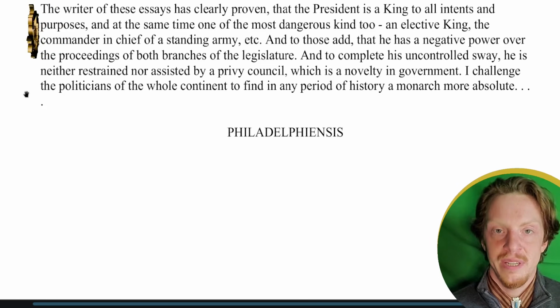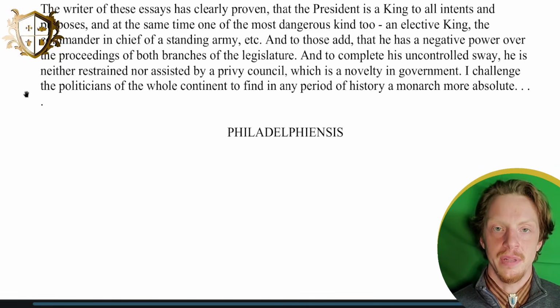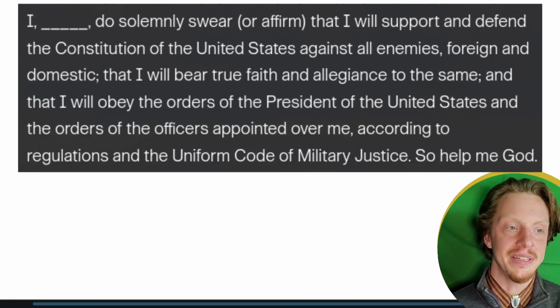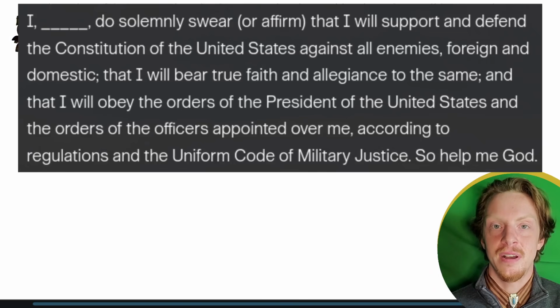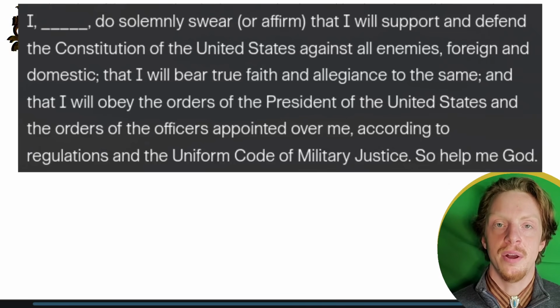The first one is heavily dependent on the military upholding their oaths of enlistment. Any agent of the U.S. military forces, whether enlisted or a non-commissioned officer, is required upon joining to take an oath.